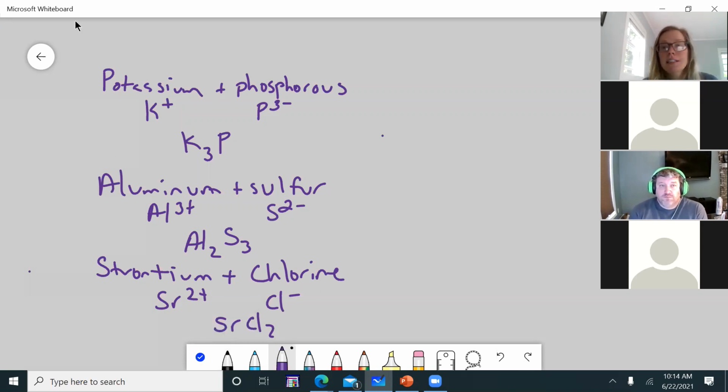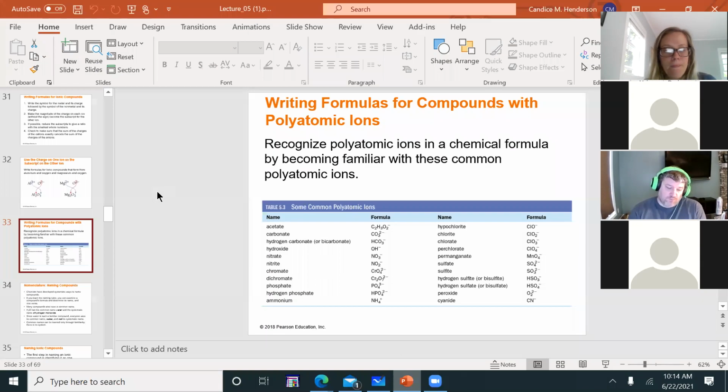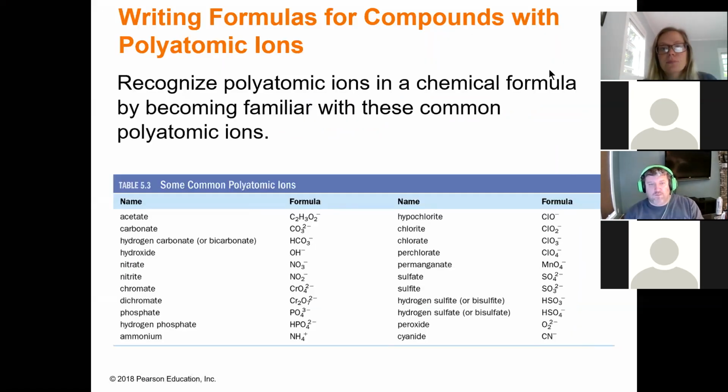Okay, because we're gonna layer some more stuff on here. So we're gonna go back to that idea of polyatomic ions. Writing formulas for compounds that contain a polyatomic ion. So here is a list of polyatomic ions. Normally, I would have you memorize about 10 of these, but since we are in an online format, you will be able to just reference a polyatomic ion sheet.